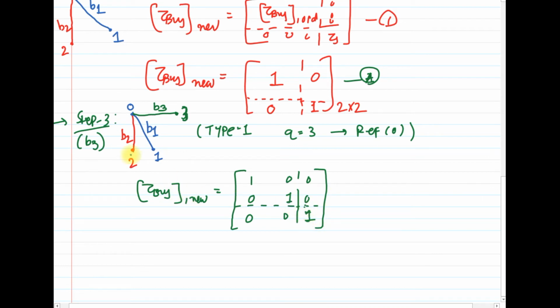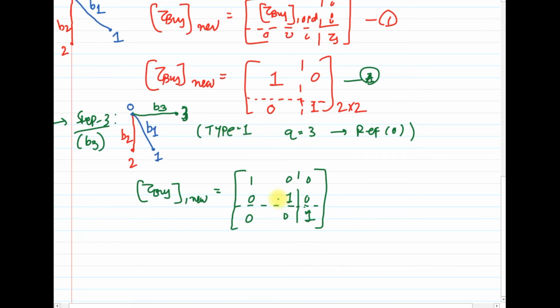This is your final answer after the modification of this step number 3, where we have considered over here that B1 and B2 is already available with us, and the B3 which is added from new bus Q, which is bus number 3, to the reference bus, which is type 1 modification.